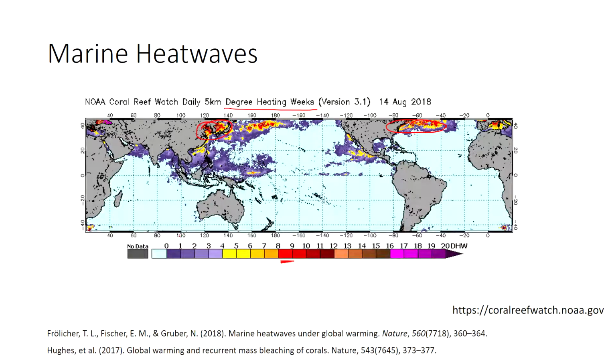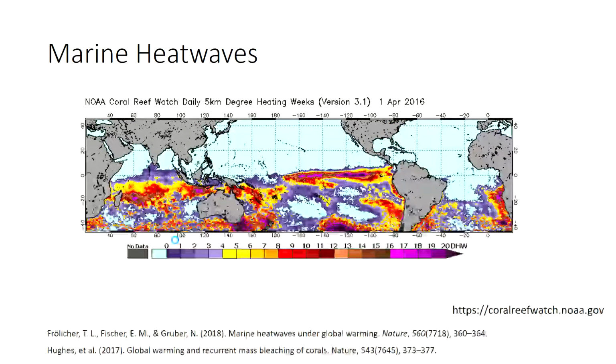So this was the 14th of August 2018, another time in the past, I guess now 4 years ago, and we can see that there are extensive regions of the southern hemisphere undergoing quite intense marine heat waves. We've got the equatorial Pacific here, which is much warmer and has been warmer for a long time than it would normally be.